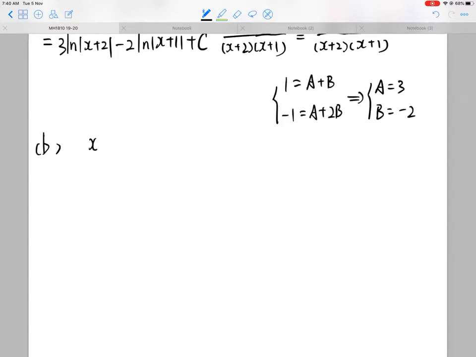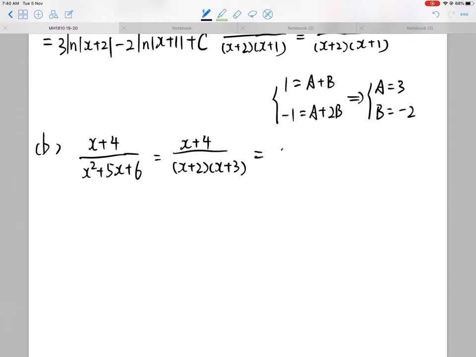So part 2, again, we deal with the fraction first. It's x plus 4 over x plus 2 times x plus 3. Right?